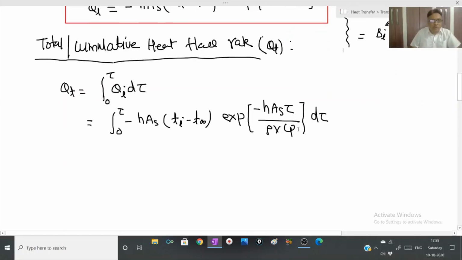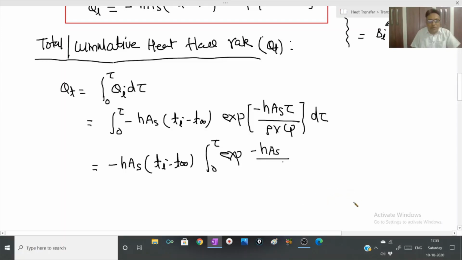Now in this expression of total heat transfer rate, hAs and Ti minus T infinity are constant, so I can take them out. And I will integrate exponential of minus hAs over rho VCp tau with respect to d tau.